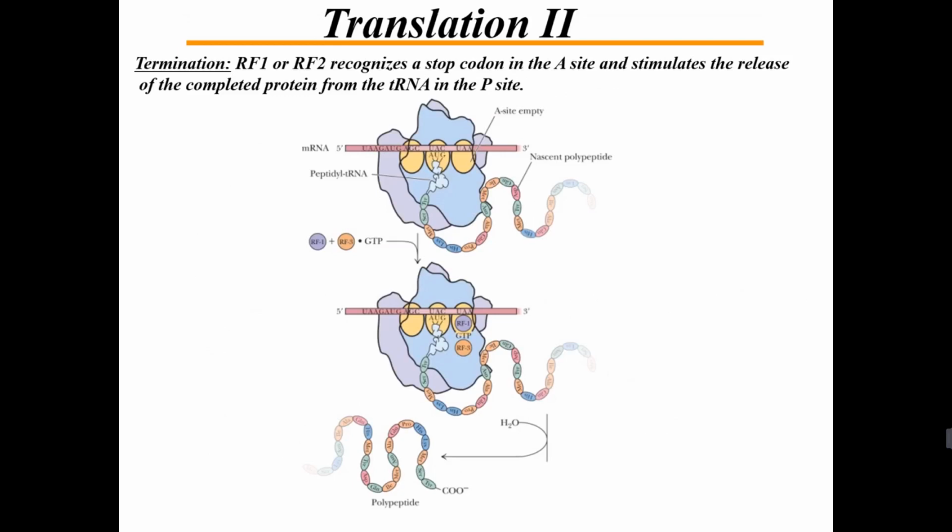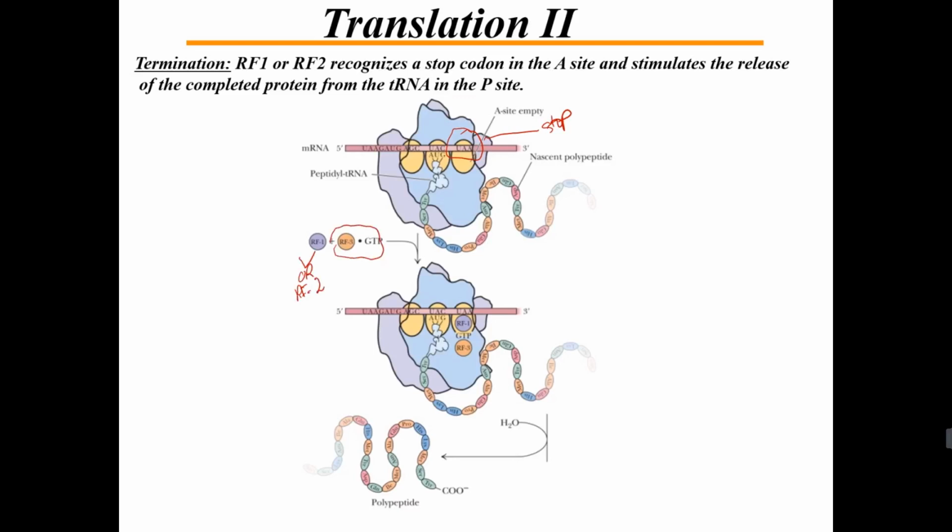Okay, so in this figure, we can see that we finished translating our polypeptide. We have a full-length nascent polypeptide, and we've reached the stop codon in our A site, which is empty. We either have RF1 or RF2, depending on the stop codon sequence. That complexes with RF3, which is bound to GTP in this figure.